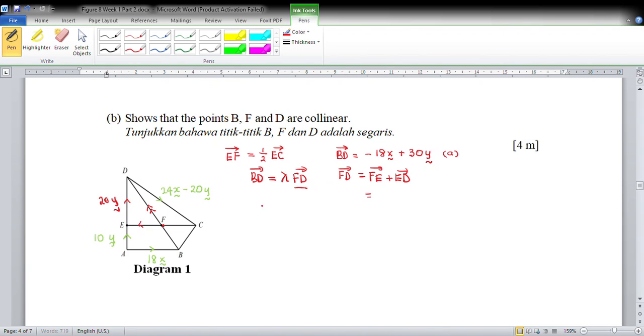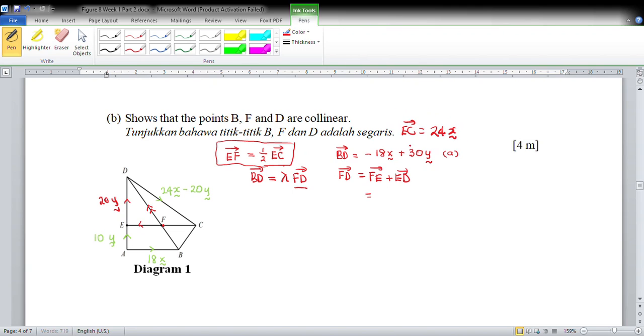For F to E, we use the information given to us earlier: EF is equal to half of EC. So we need to know EC, and we already know from part A, I forgot to write, that EC is 24x.